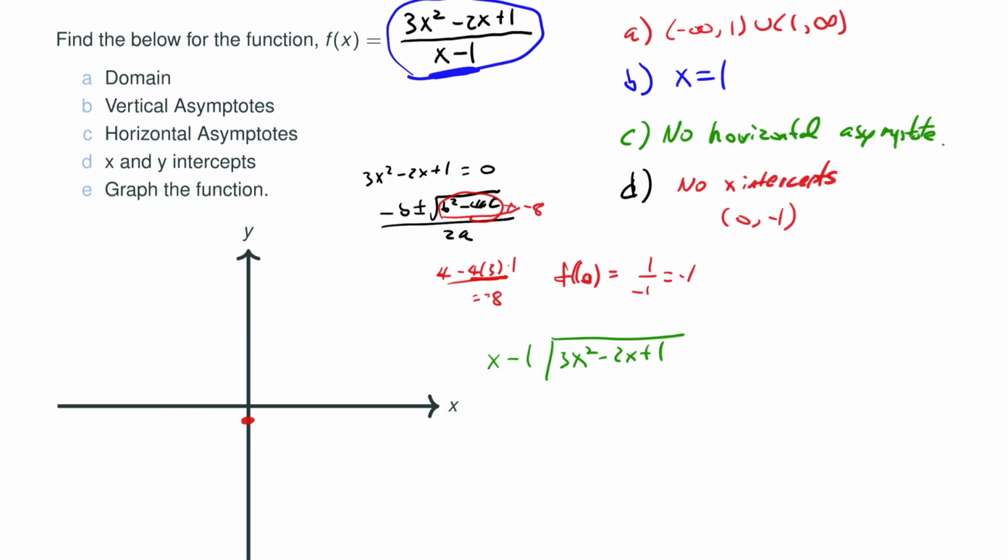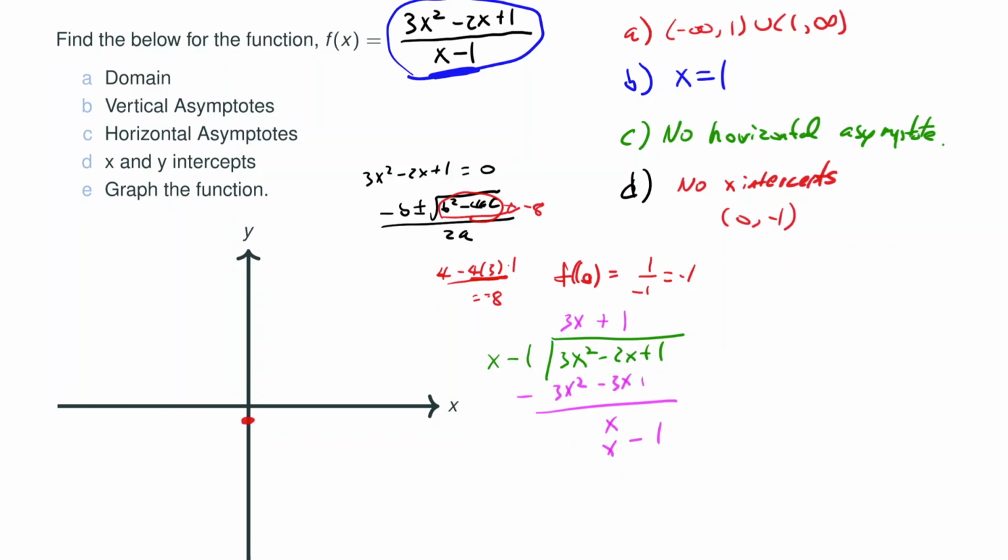So let's do that. First, I need to multiply by 3x to get 3x squared. Negative 1 times 3x gives me negative 3x. Subtract: negative 2 minus negative 3x is positive 3x. Positive 3x minus 2x gives me x. Then I need to multiply by 1 to get x times x, 1 times 1.